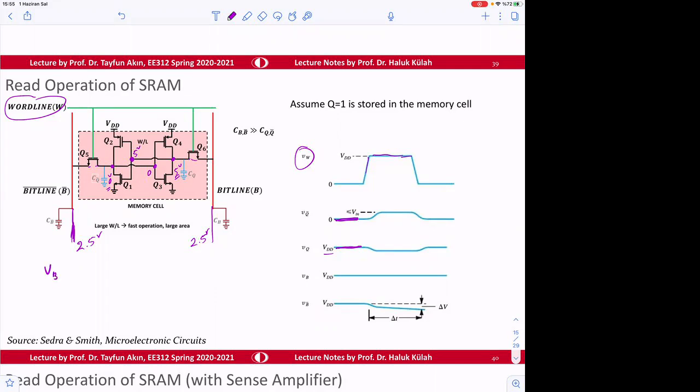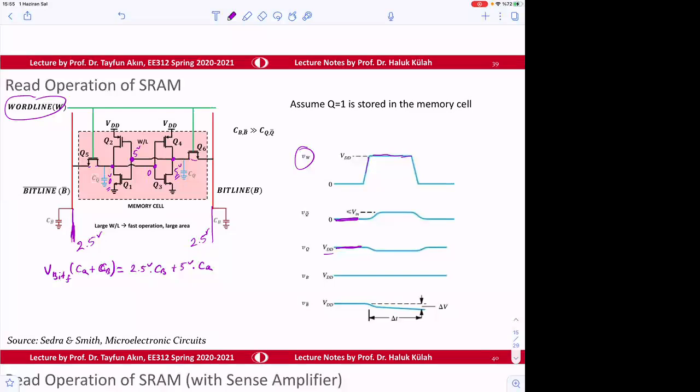V bit final times (CQ plus CB) should be equal to V bit initial, which is 2.5 volts, times CB, plus 5 volts times CQ, okay?